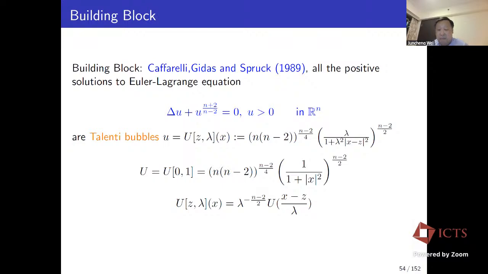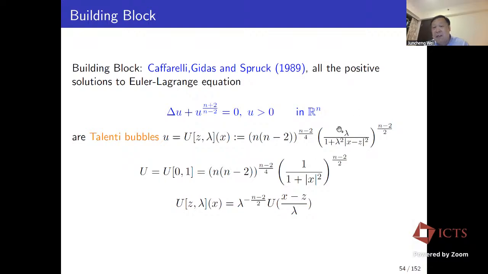So the building block for our construction is the positive Aubin-Talenti bubble for the critical exponent problem, and all these Aubin-Talenti bubbles can be written in terms of n plus 1 parameters.